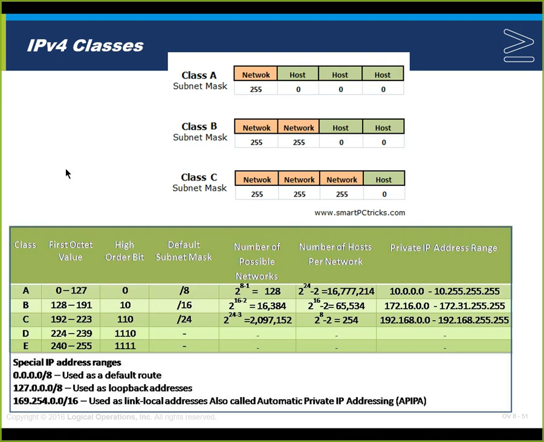Maybe a little bit different image here, the Class A's, B's, and C's, and how many addresses are on each of them. And then we got the private address range. IPv4, we actually are out of addresses. The last addresses were assigned probably about 1.5 years ago.